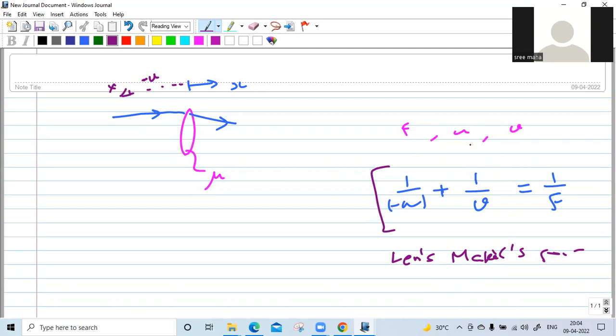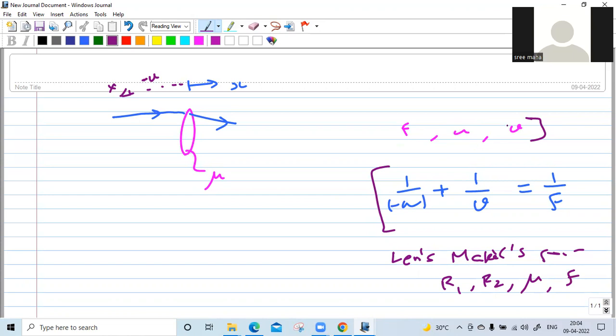Yeah, it relates the radius of curvature R1, R2, and then to what? Here is mu2 and mu1, and the focal length, right?